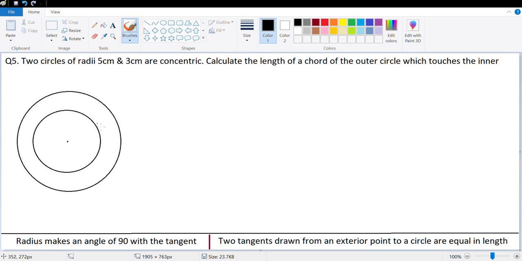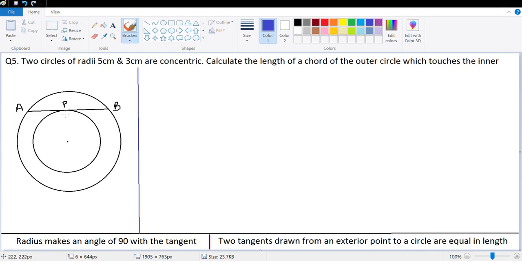Calculate the length of the chord of the outer circle which touches the inner circle. Okay, so there is a chord of the outer circle which touches the inner circle. Let this chord be AB, and the point where it touches the inner circle, let it be P. Now I think you would realize that APB is a tangent for the inner circle.